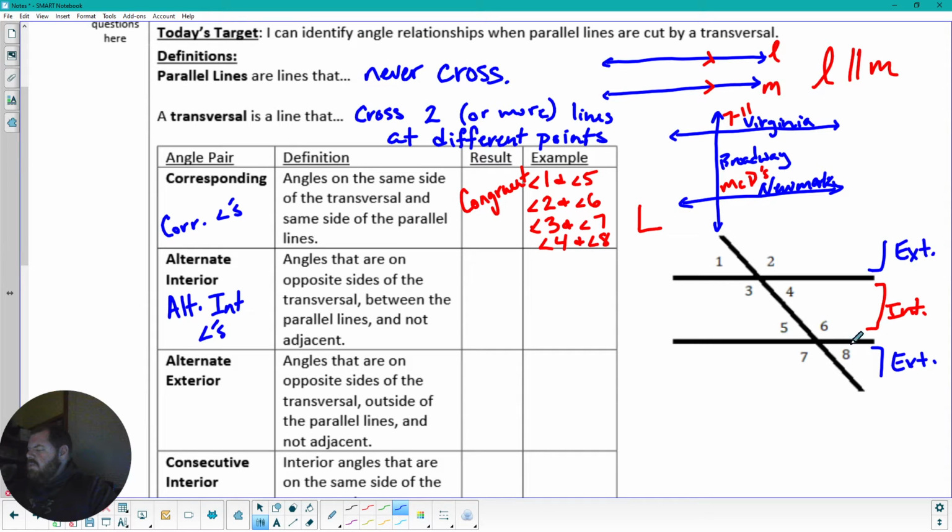It's all about the angle's relationship to the parallel lines. Back to my analogy here, McDonald's is on the interior of the parallel lines. Its alternate interior would be on the other side of the transversal and at the other intersection. So it would be like Rite Aid.